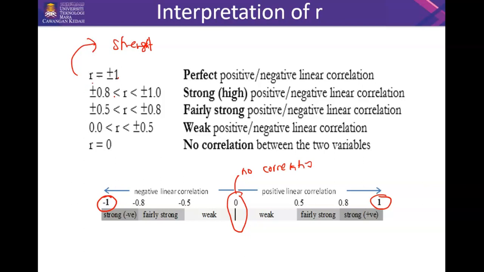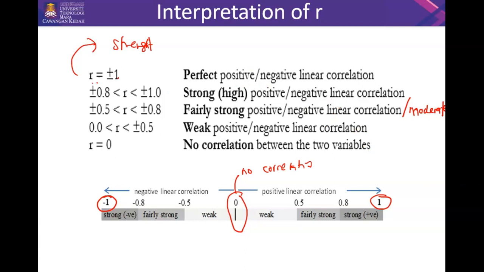If the r value is between 0.8 and below 1, then we interpret it as strong linear correlation. 0.5 until below 0.8 we interpret as fairly strong, ataupun kita panggil sebagai moderate linear correlation. Less than 0.5, the strength is weak linear correlation.